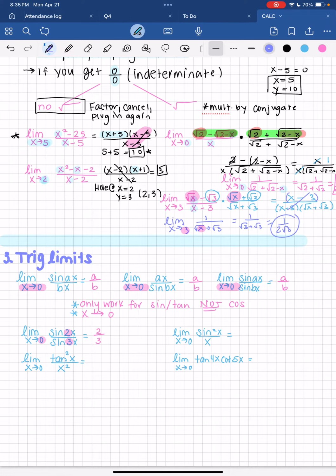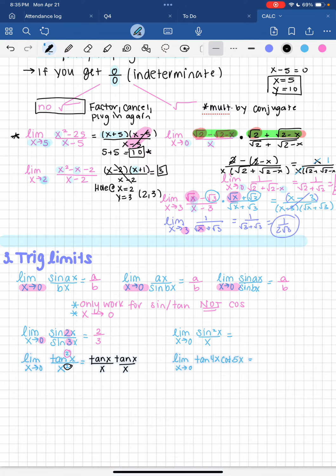All right, next example. I got a few tricky ones here. These are fun. So I said the rules work for tangent as well. But now you notice how you have tan squared x. So what I like to teach my kids in my class is I say, okay, break this up. So we're going to break it up to be tan x over x times tan x over x, because that's tan squared x over x squared. You could just do one big line if you want to.